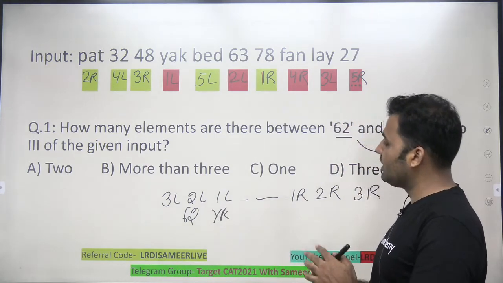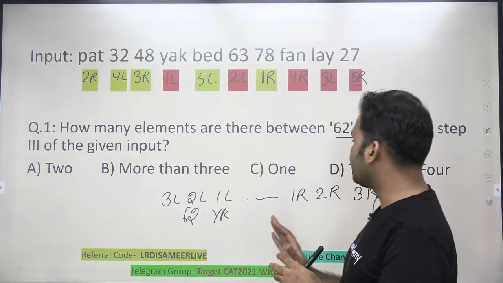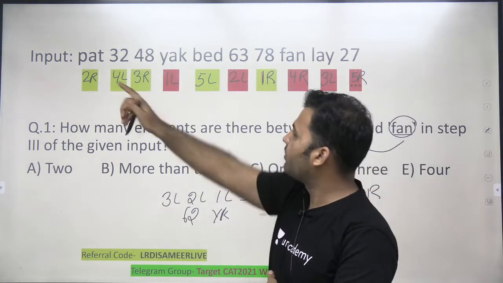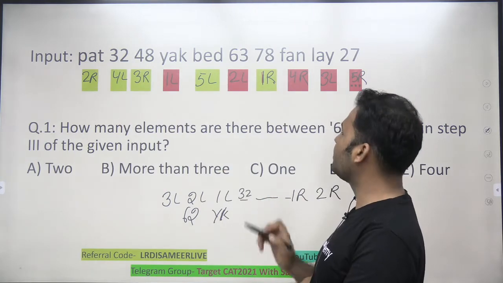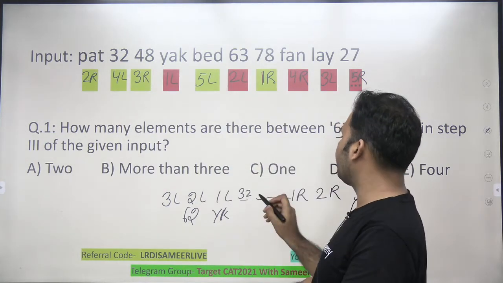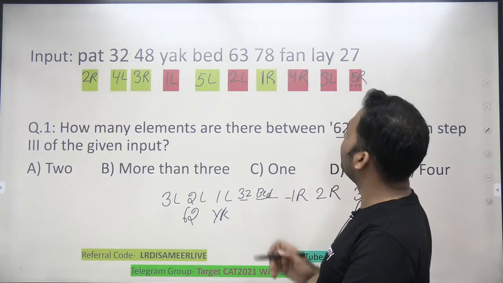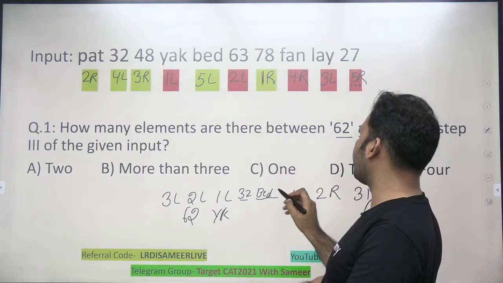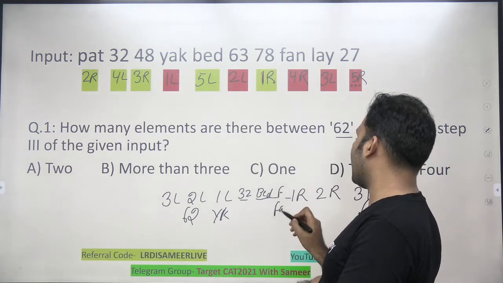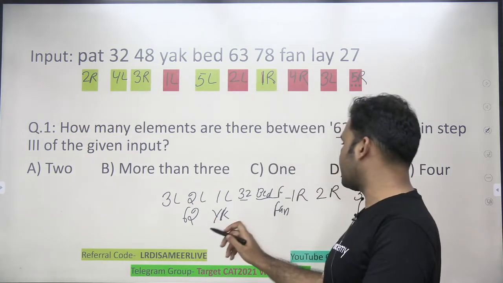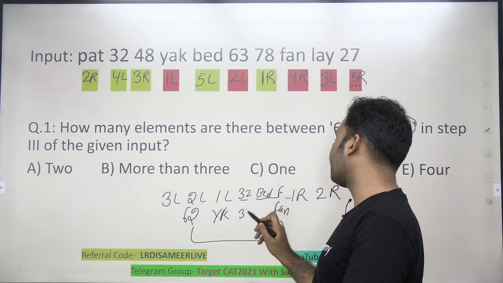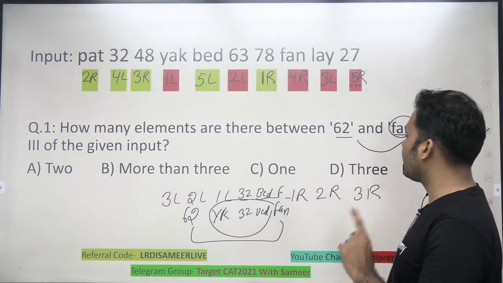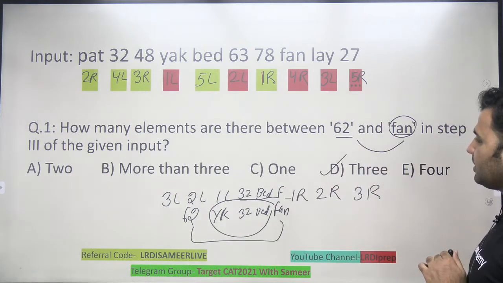Now, once you arrange these two elements, you see the position of fan: you'll have 32 here, then you have the word bed here, and then these two elements are already positioned, and then you'll have the word fan. So you see that between 62 and fan, I'll have three elements. So therefore the answer to the question is option D.